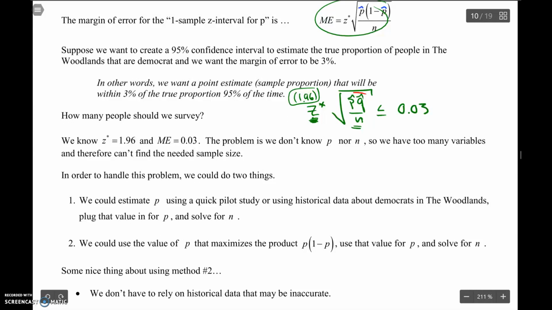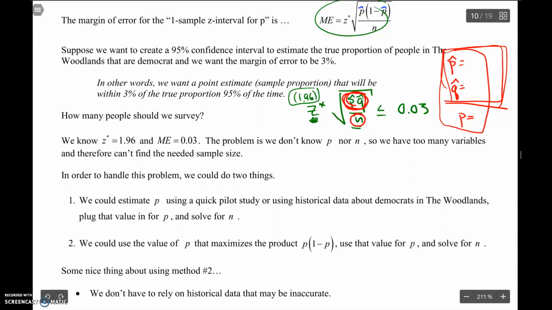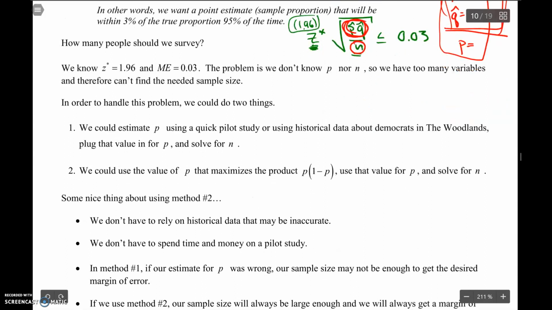The problem is these two things right here. We don't know the sample proportion nor the probability of failures in the sample, because we haven't collected the sample yet, of course. I don't even know the sample values, so I don't have anything to put in there. That creates a set of two unknowns, and I can't solve for n unless I know these. So how do we handle this problem?